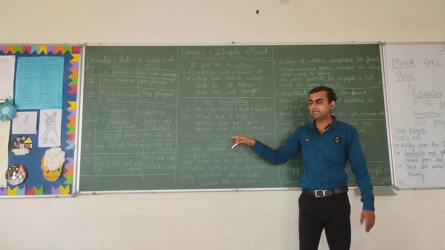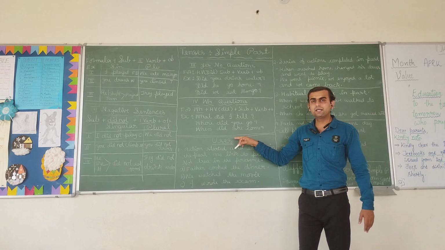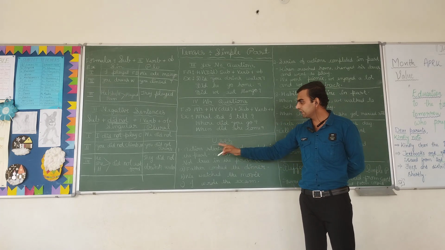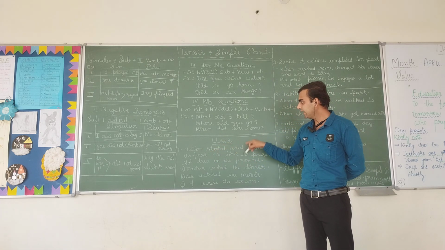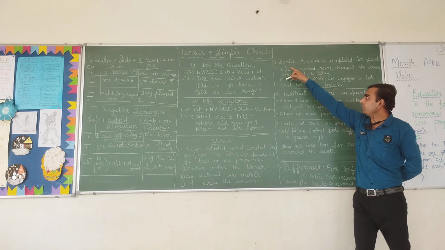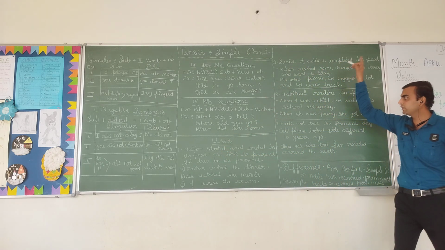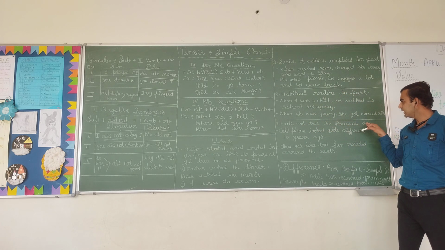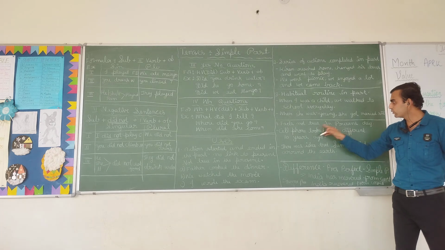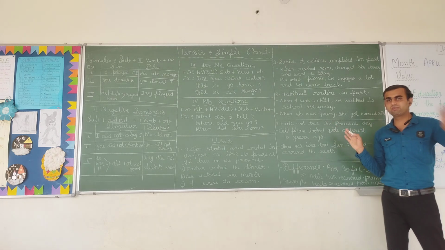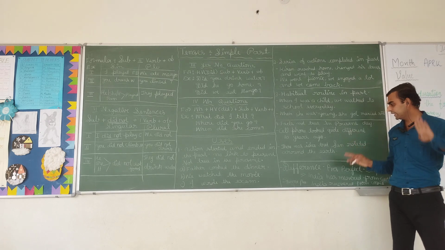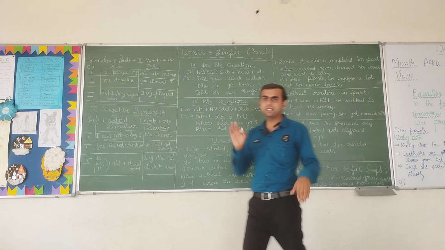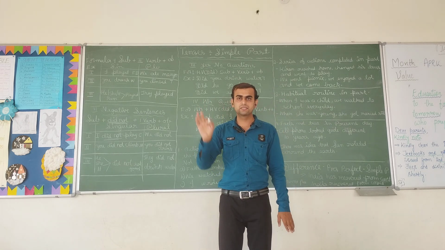Then I taught you where we use the simple past tense, that is four places: action started and ended in the past, series of actions completed in the past, habitual routine in the past, and facts which are not true in the present day. Then I taught the difference between simple past tense and present perfect tense.